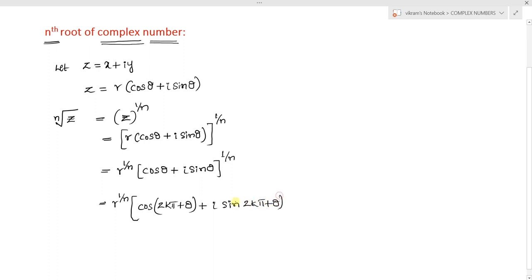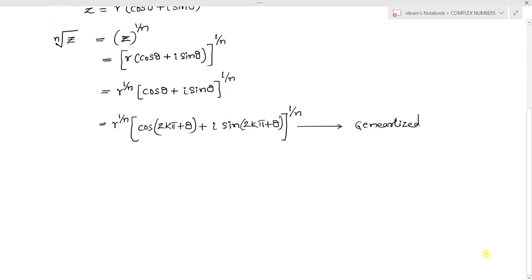Just recall the concept we discussed in the previous lectures, the nth root of unity; that is what we are doing here. So here we generalized the given complex number.